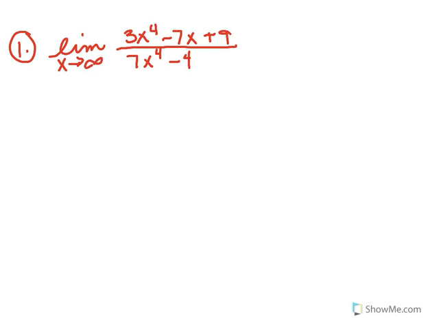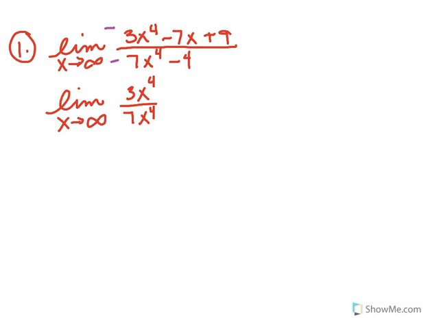As long as the numerator and the denominator are ordered by degree, that means from highest exponent to lowest exponent, then all you have to pay attention to are the first two terms. So I could rewrite this very simply like this.